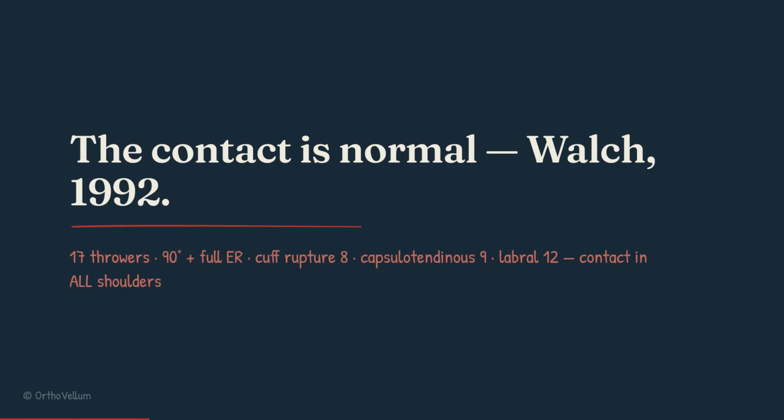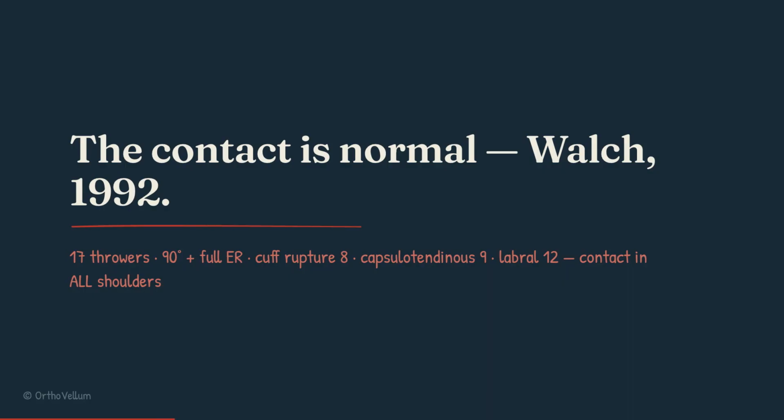1992. Walsh reports 17 throwing athletes, mean age 25, with unexplained shoulder pain and no instability, and puts each arm in 90 degrees of abduction and full external rotation. Under the scope, impingement is directly observed: the posterosuperior glenoid rim against the undersurface of supraspinatus and infraspinatus.